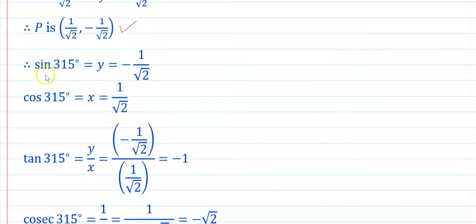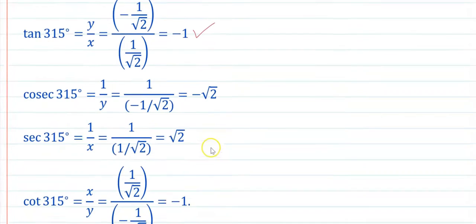Next, the values as usual. Sin of 315 is equal to y, that is equal to minus 1 by root 2. Cos of 315 is equal to x is equal to 1 upon root 2. Tan of 315 is equal to y upon x, minus 1 by root 2 upon 1 by root 2, hence we will get minus 1.